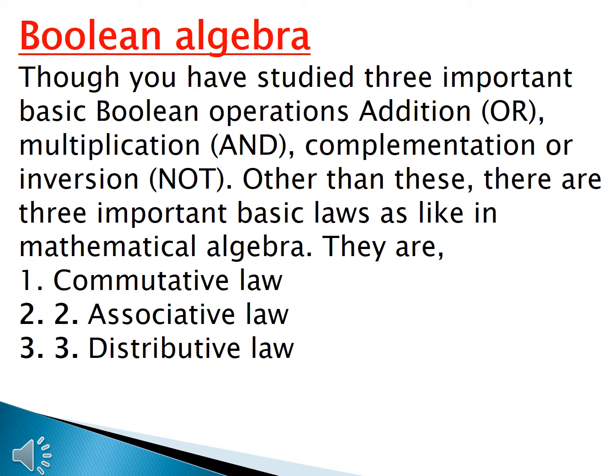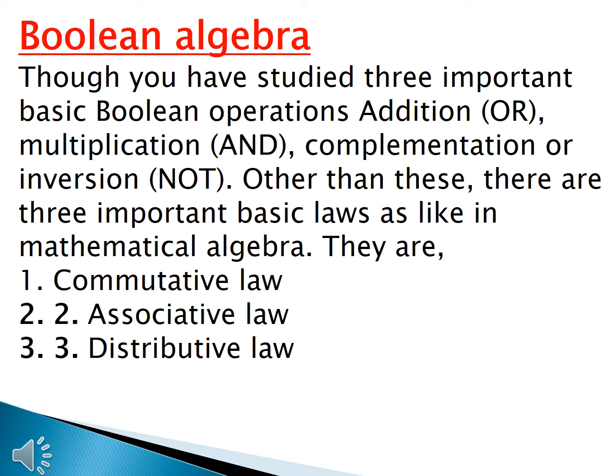Boolean algebra. In this algebra, we use only two types of numbers, 0 and 1. Basically we use the signs plus, dot, and over bar.